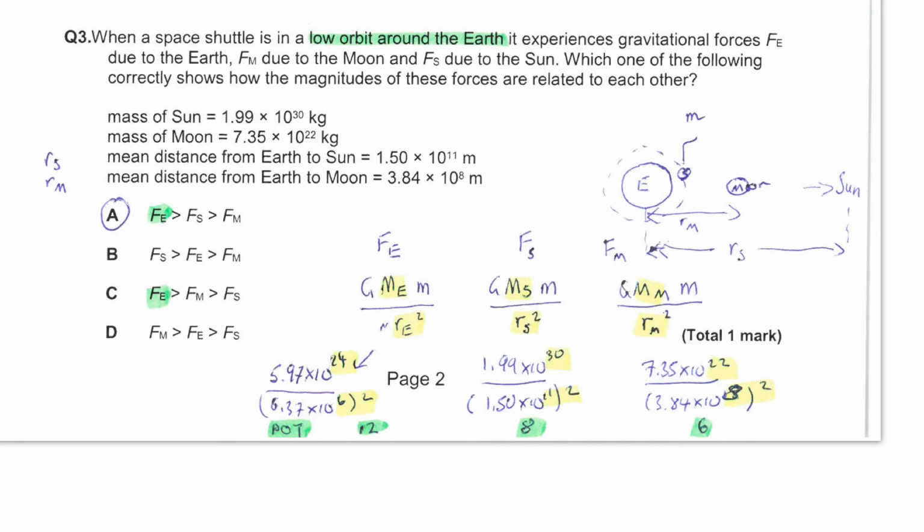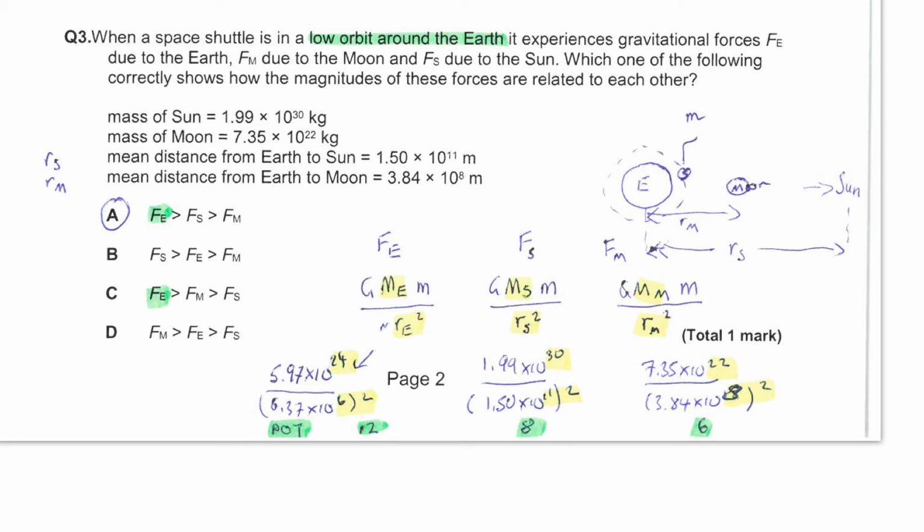I've set out the calculation for the ratio of the relevant mass to the relevant separation squared. The G and the mass of the satellite are obviously constants, so they would not have an impact in terms of the relative size of these forces.